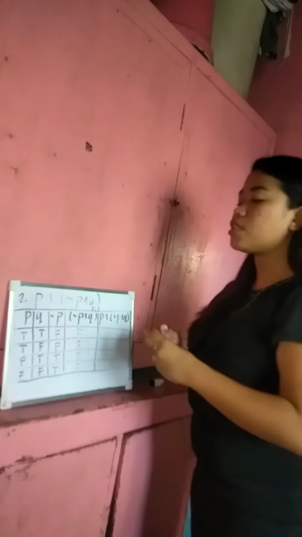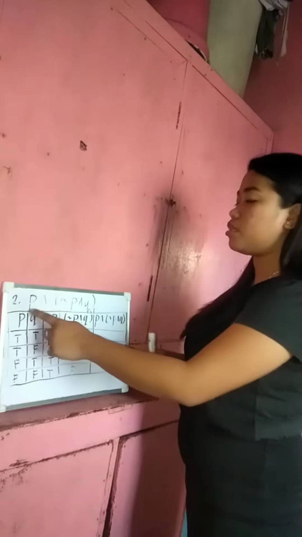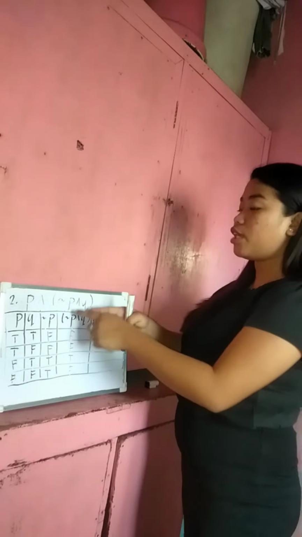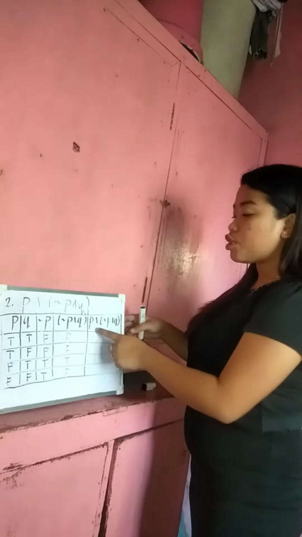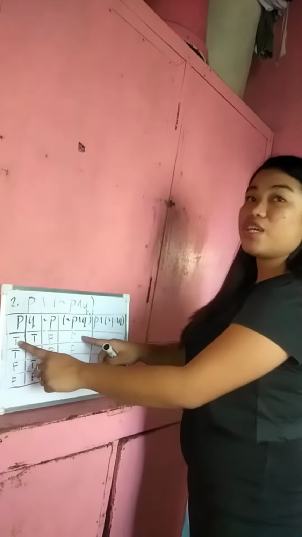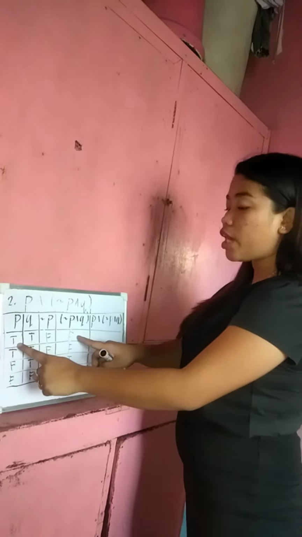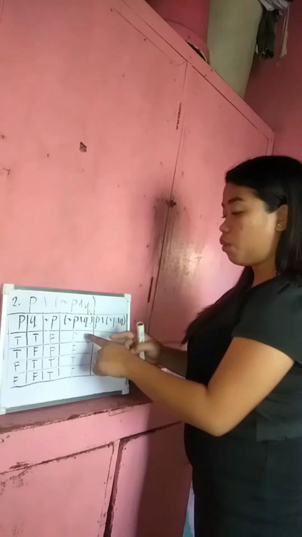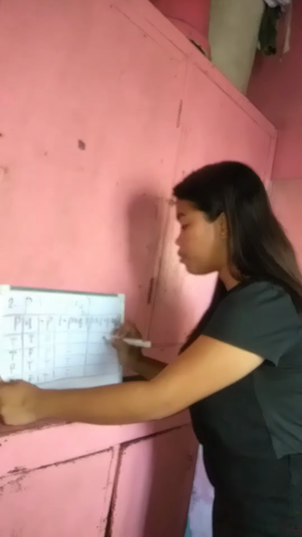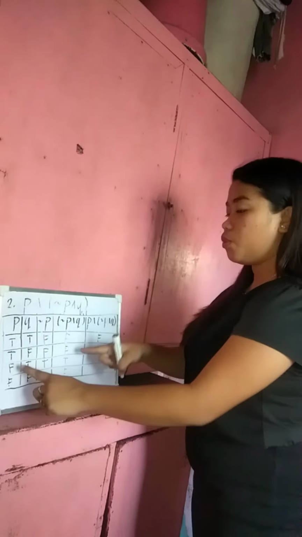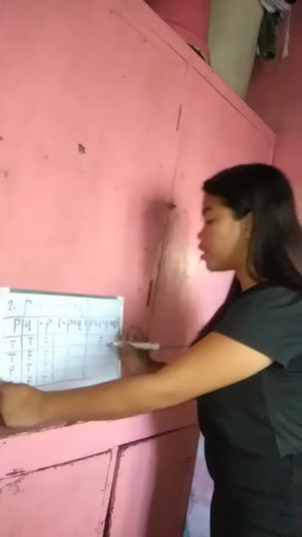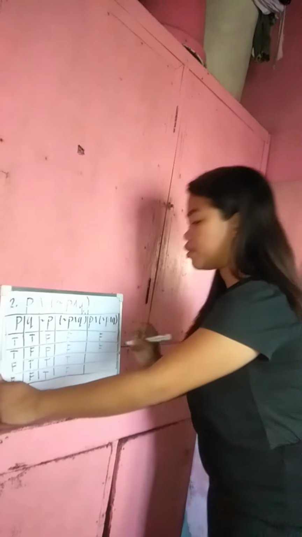Then after that, let's find the entire statement, the P and negation of P and Q. Our focus is this one and this one. Since one statement is true and one is false, the entire statement will be false. One statement is only true, and the other one is false, so this would be false.